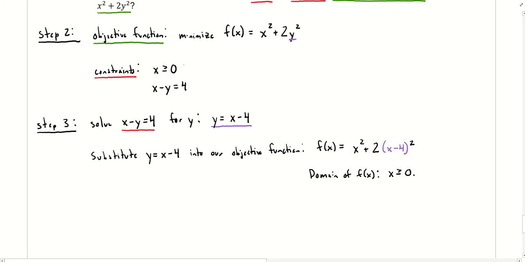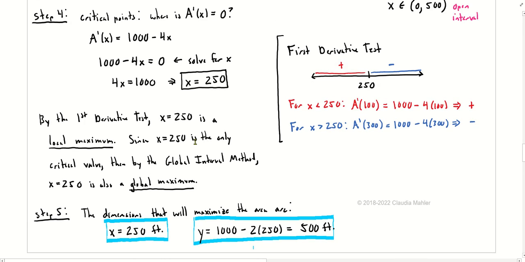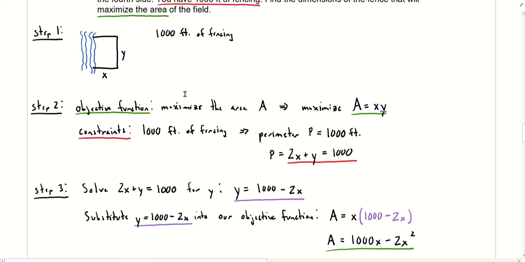All right, now, as far as step 4 goes, where we actually do some calculus, try to maximize or minimize a quantity, I want to look at the domain of my function. This is not a closed interval, so I'm not going to be able to use the closed interval method. I'm going to want to use the global interval method, like we did up in this first example.